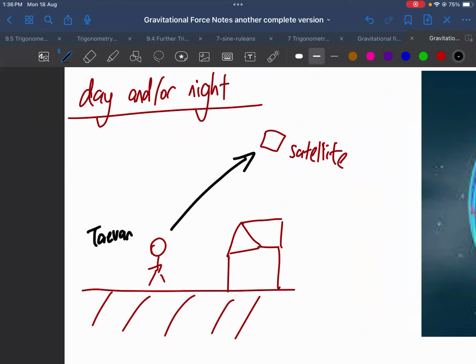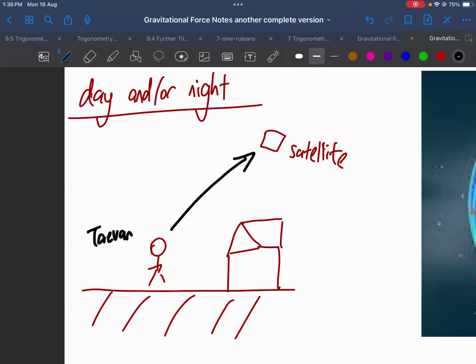If you have eagle eyes, you are able to see that there's a satellite there. And in your opinion, day or night, in 24 hours, you keep on observing the same satellite. You realize that the satellite does not even move.